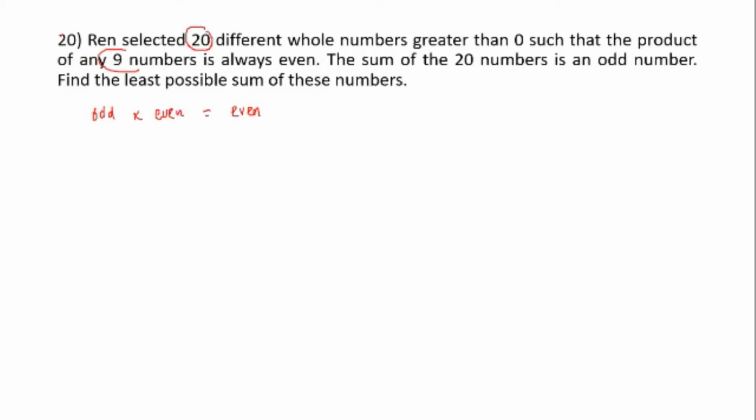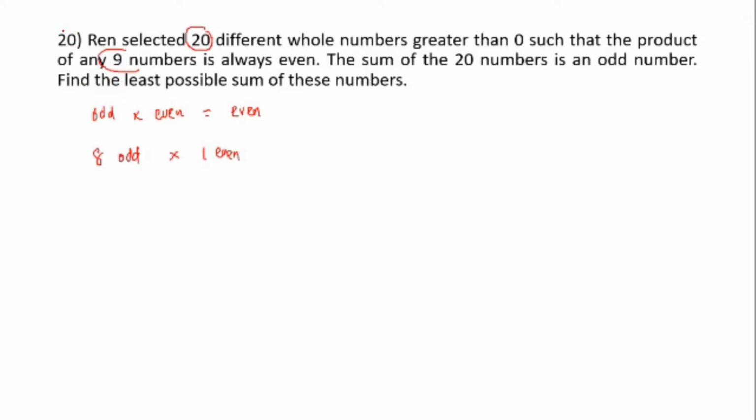So what you have to understand right away here is that if you need to multiply any 9 numbers, and the result must be even, that means the most number of odd numbers is only 8. You will multiply the odd by odd, by odd, by odd. They will end up as an odd number, but then you will multiply that by one even number. Then it will turn into an even number.